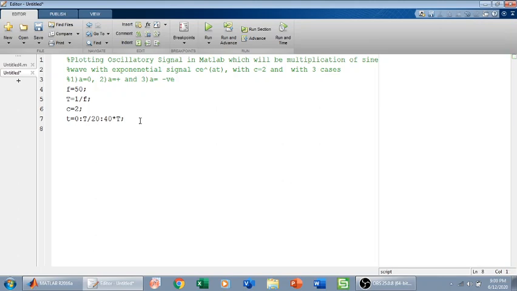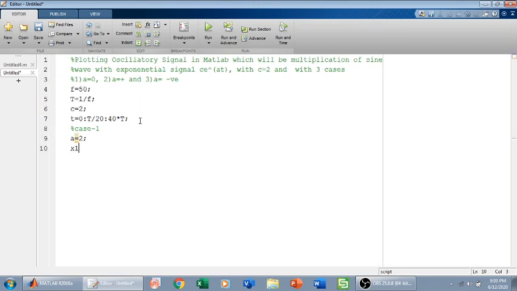Now we will have three cases. For case number 1, I will define a positive value. We want to plot an increasing oscillation, so I will define a equal to 2. x1 is sine omega t, and omega is 2 pi f, so it is sine 2 pi f t.